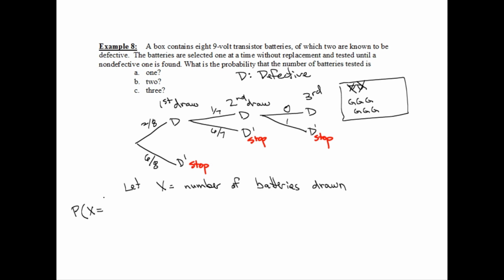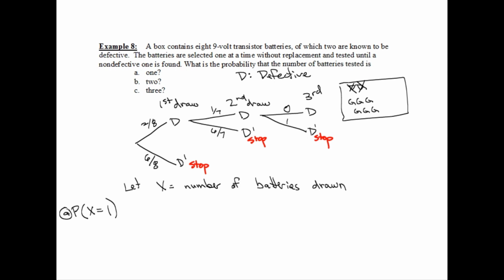So we're going to call this probability of X equals 1. We call that a random variable when it represents a number, and yes, it is acceptable notation to put X equals 1 here in parentheses like this. And so I guess this would be our answer to part A.